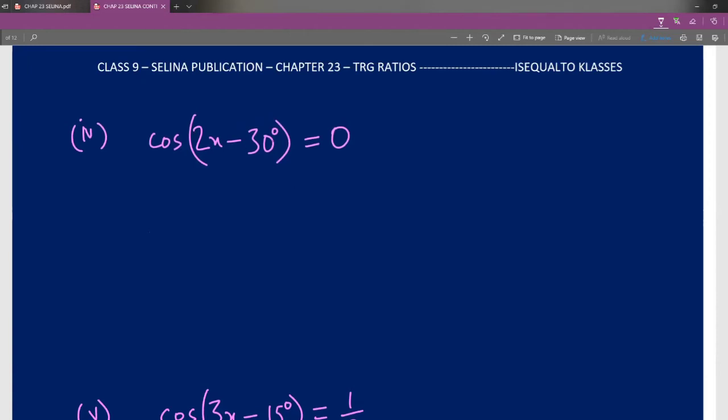Cos of 2x minus 30 degree is equal to 0. Again, we'll use the same logic. So we need an angle whose cos is equal to 0. So therefore that angle is 90 degree. Therefore 2x minus 30 degree will be equal to 90 degree.